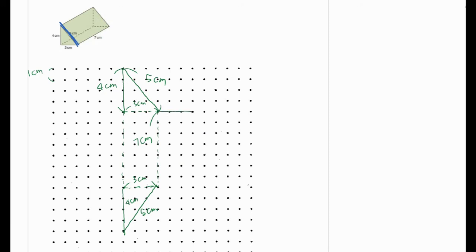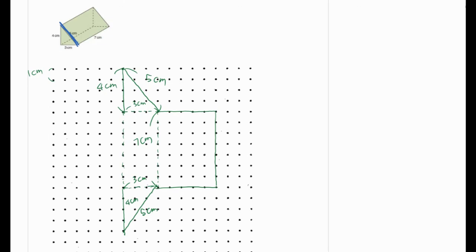So 1, 2, 3, 4, 5. And draw it like this. So make sure this one and this one are the same length because this part covers this part, right? When you fold it up, this part should cover this part. So they should be the same length, okay?